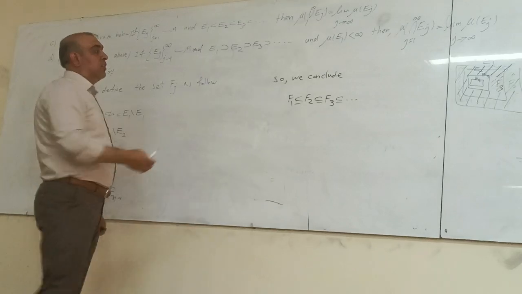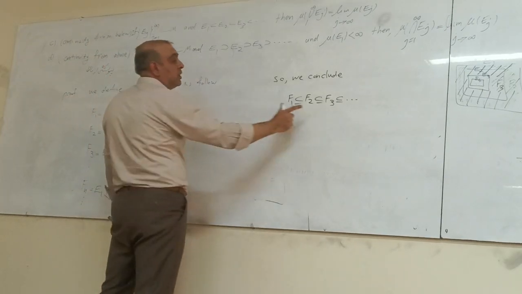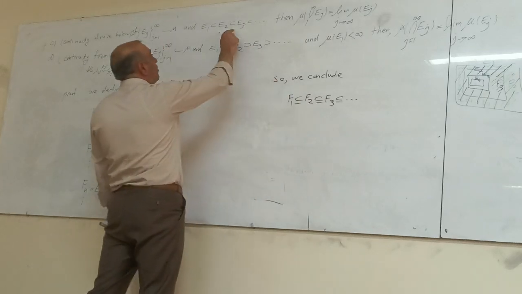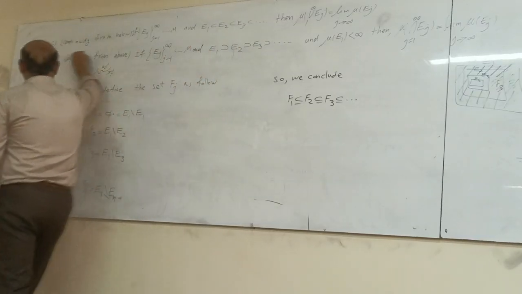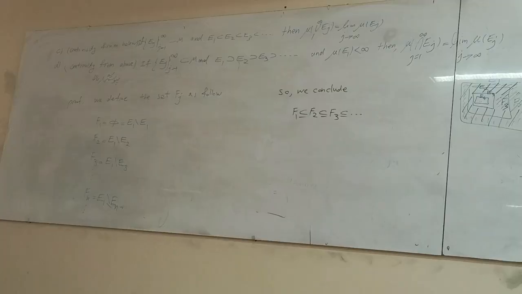Please pay attention. This is in the form of part C. We construct the sets Fj in the form of part C, and we can use part C.